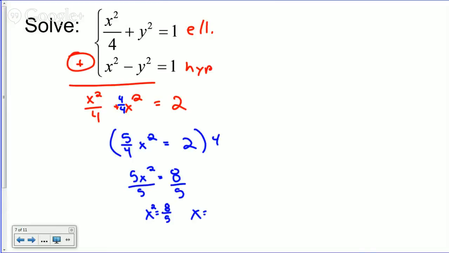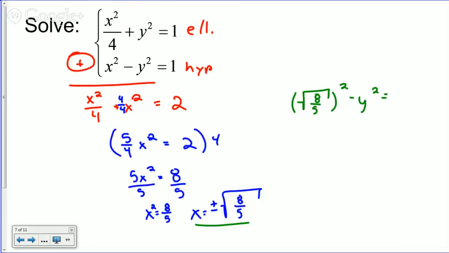So x is plus or minus the square root of 8/5. So we've got x. So let's come over and find y. Just put it in this bottom one here, might be easiest. So the square root of 8/5 squared minus y squared equals 1. So this becomes 8/5 minus y squared equals 1.